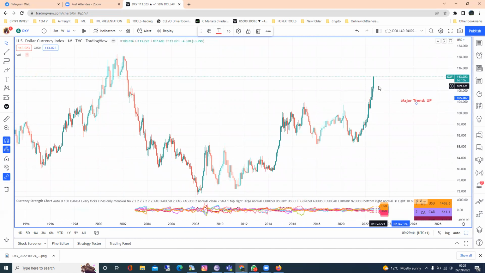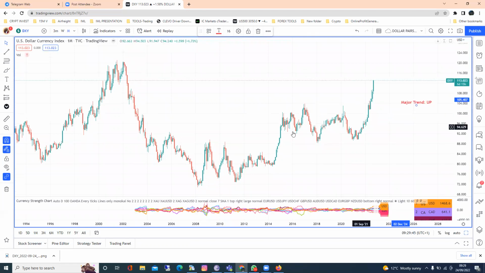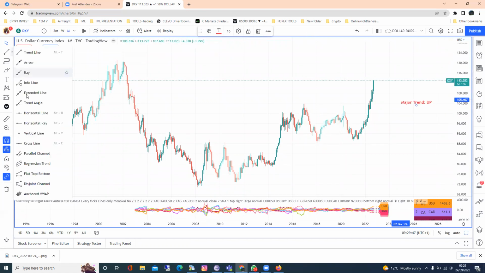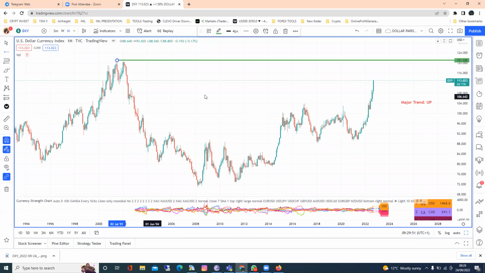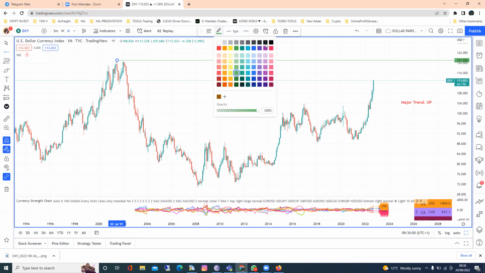You are better off traveling with it. And if you want to travel with it, there is a highest point over here. What this highest point is telling you is that the last time the price got to this highest point, we encountered a sell-off.